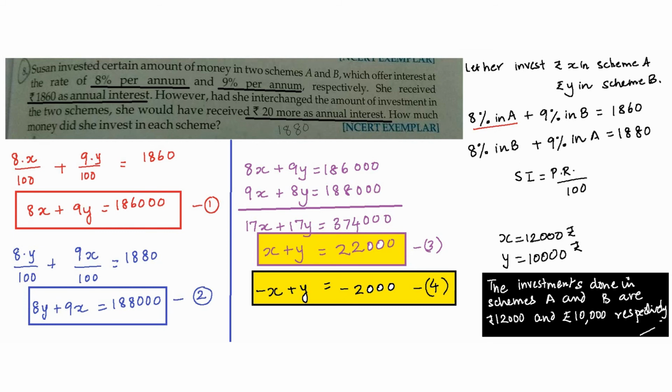Moving on to the next question now. Jamila sold a table and a chair for rupees 1050, making a profit of 10% on the table and 25% on the chair.